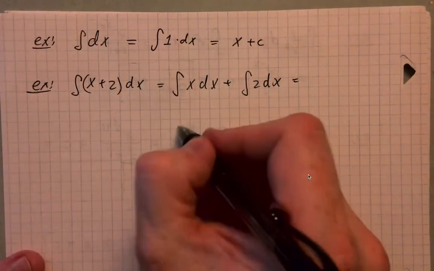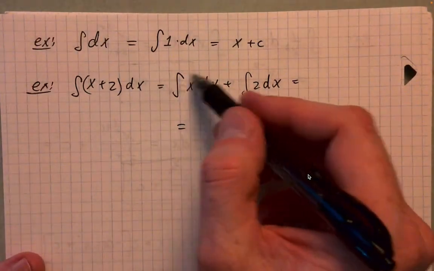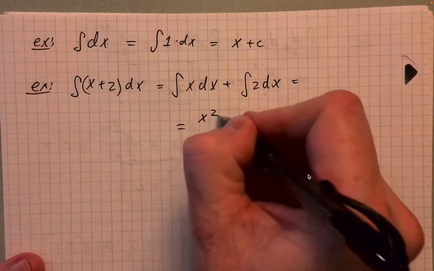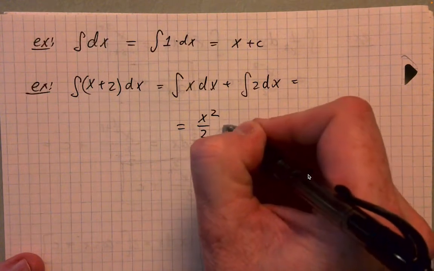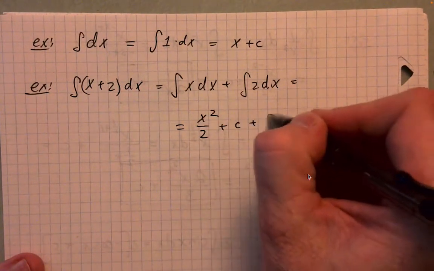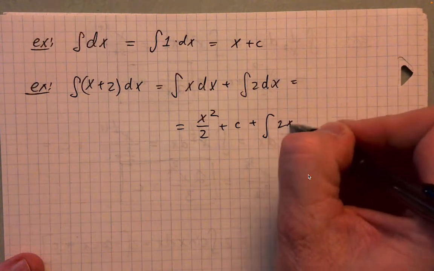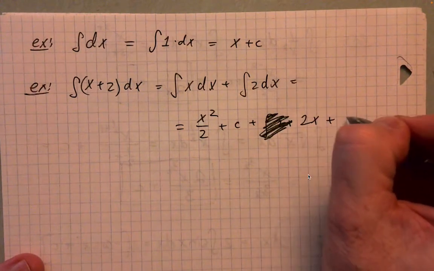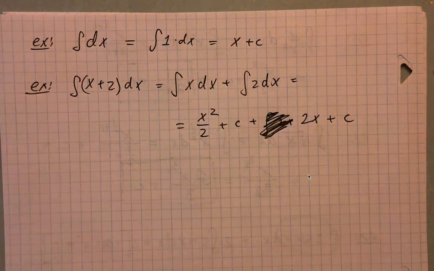You break them apart. And what do you get here? You get x squared over 2, and then technically plus c. And then over here you get 2x plus c.